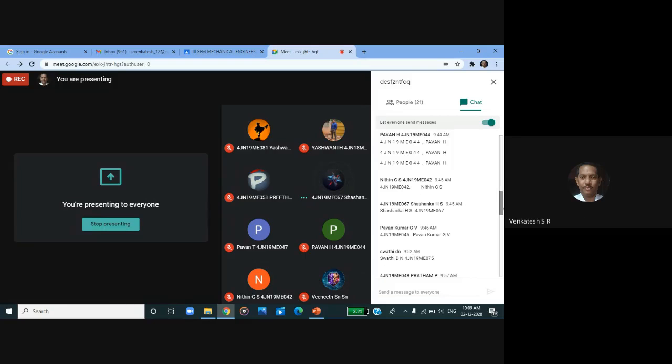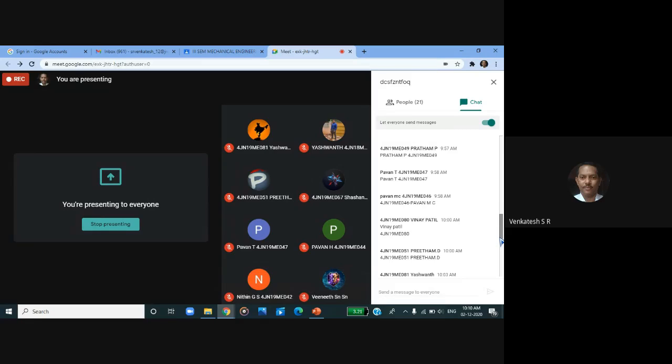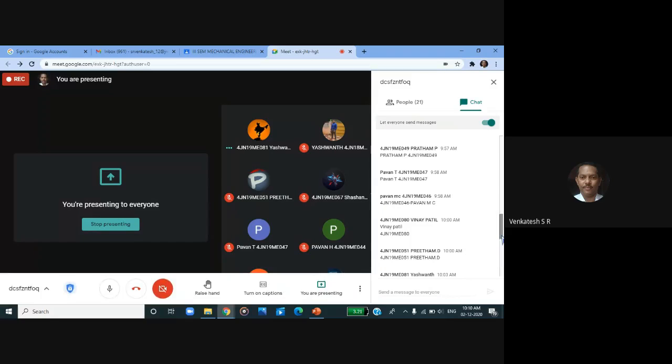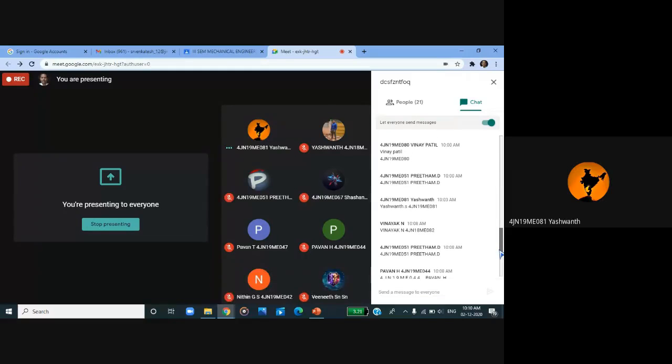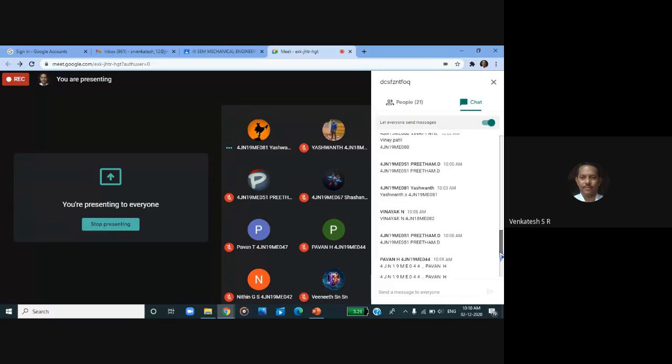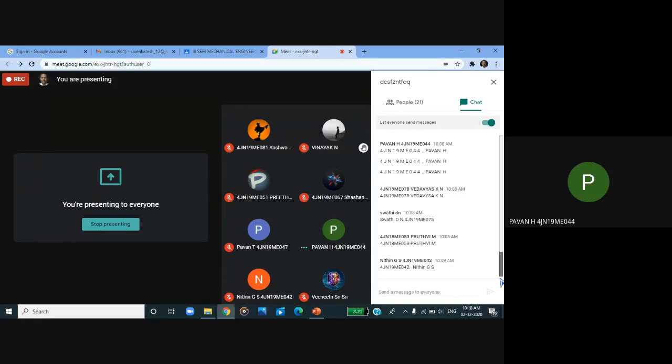Pawan Kumar GV, Pratham P, Pawan MC, Vinay Patil, Pritham D, present sir. Yashwant, yes sir. Vinayak, yes sir. Pawan H, present sir. Prithvi M, present sir.